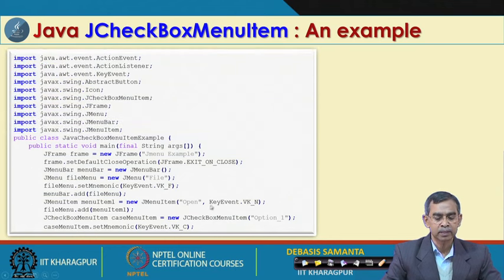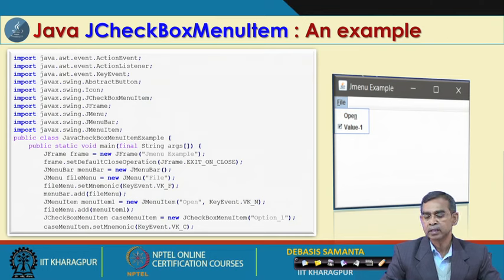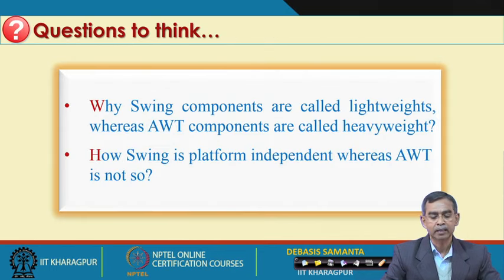In this example, we have added many things: button, JFrame, menu, menu bar, menu item, and action event handling is also used here. So, you can verify this program and check how it is working. It looks like the checkbox menu item: file, open, close, save, save as, all these things you can add. This is the part of the program that you can run.